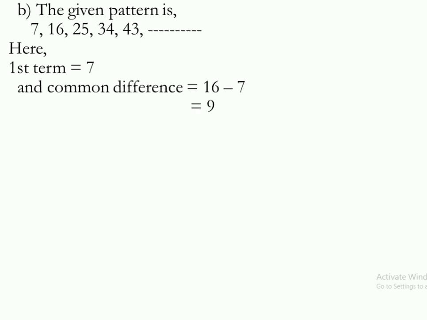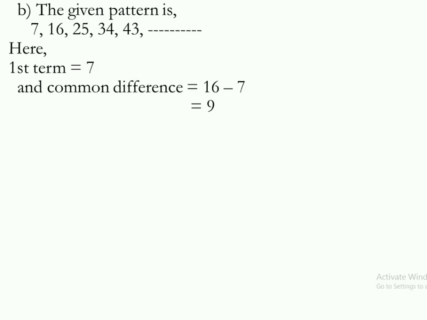It's continuous. So here we can see the first term is 7. Now if we see, the difference between each two terms is the same, so we can call it the common difference. The common difference is 9. So we have to express the numbers in terms of 9.